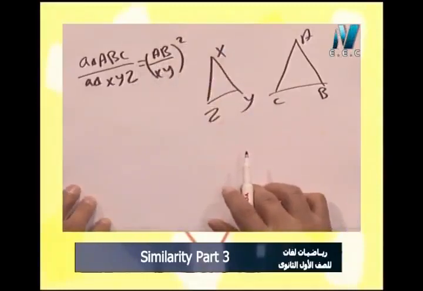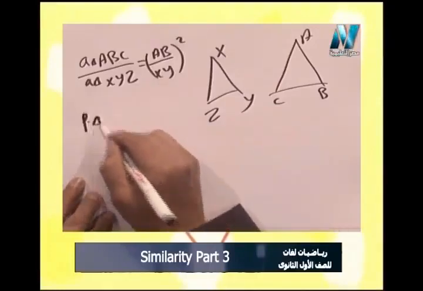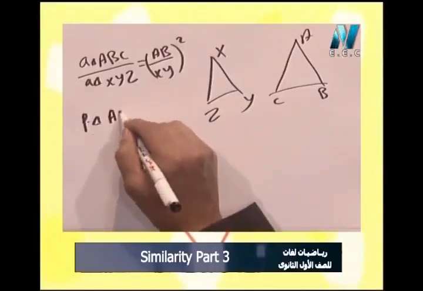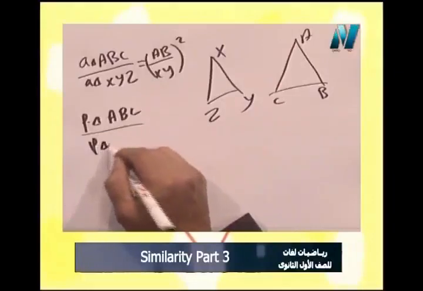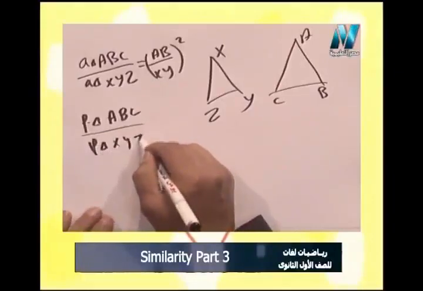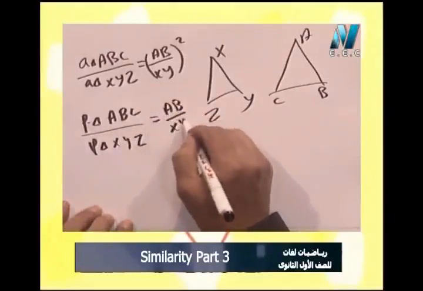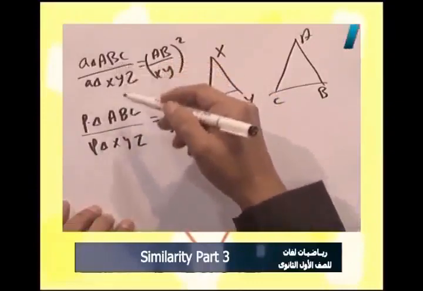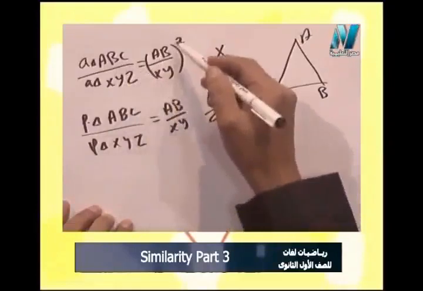And we know from the previous that perimeter of triangle ABC over perimeter of triangle XYZ equals the same ratio but not power 2. Area only, the ratio between the two areas of the triangles only will be AB over XY squared.